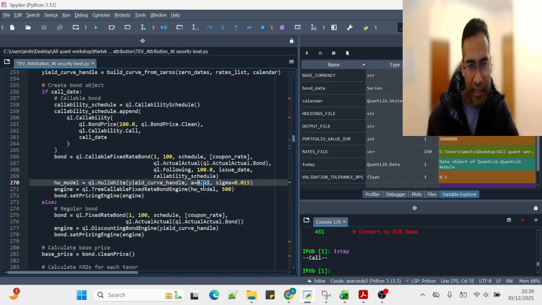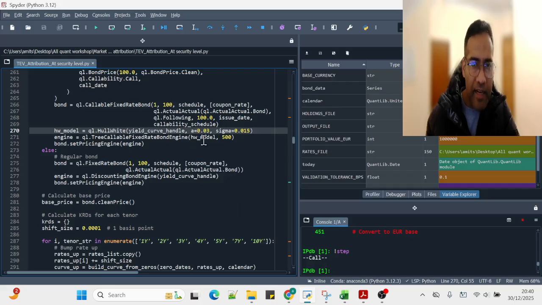And this is sigma, the volatility of rates. I assumed it to be constant, but again, this is a derived parameter. And this is alpha. Then I fed this Hull-White model into my engine.